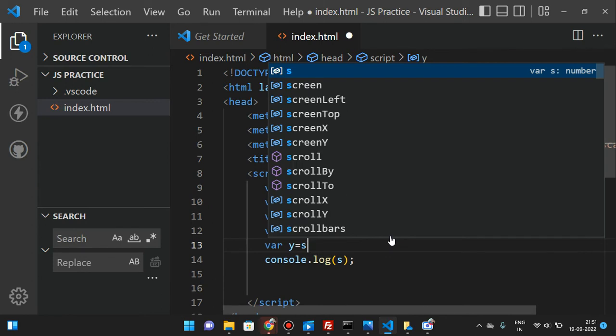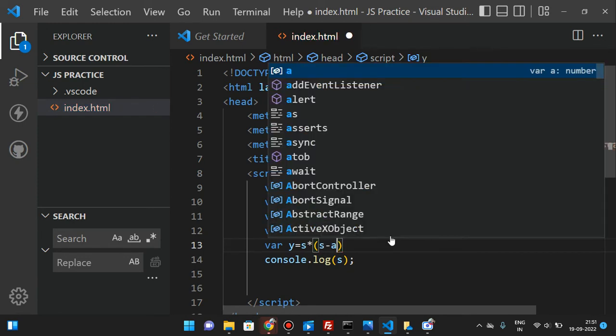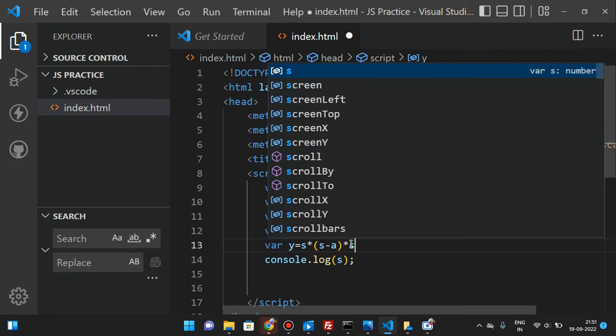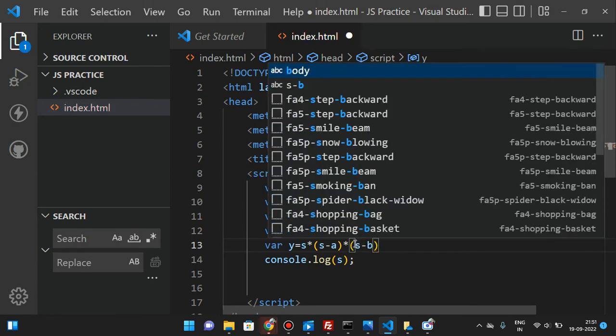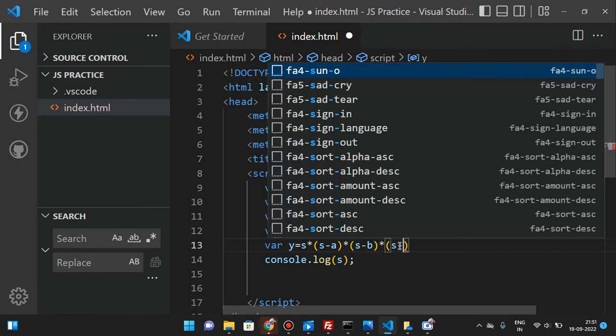I write that formula as s minus a, sorry, a into s minus b into s minus c.